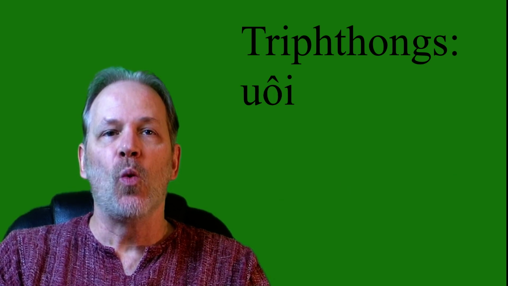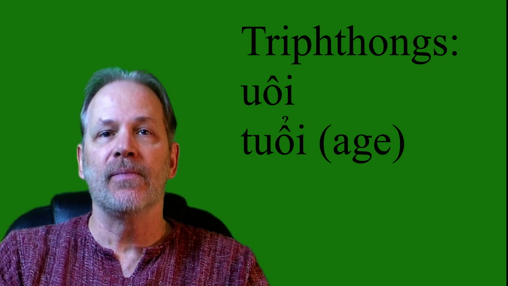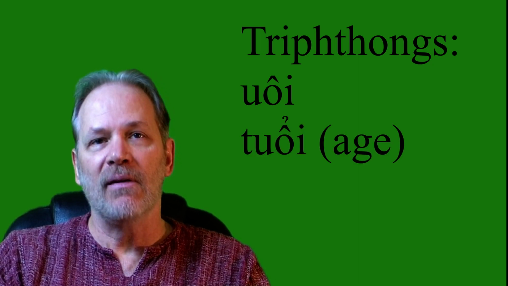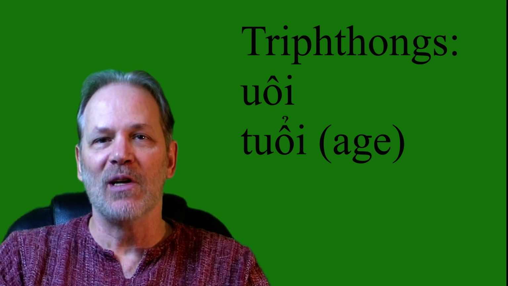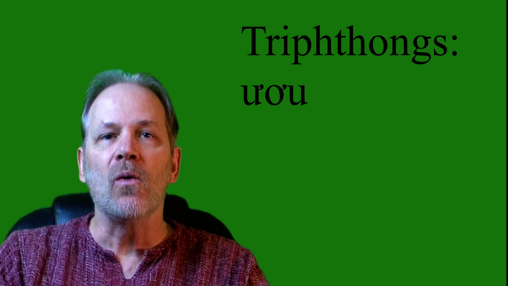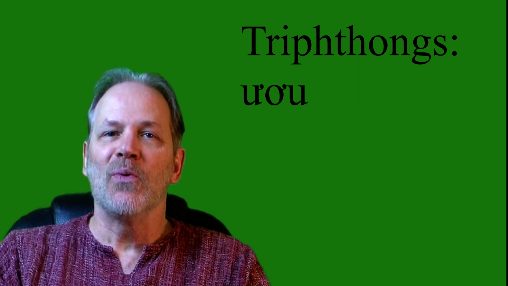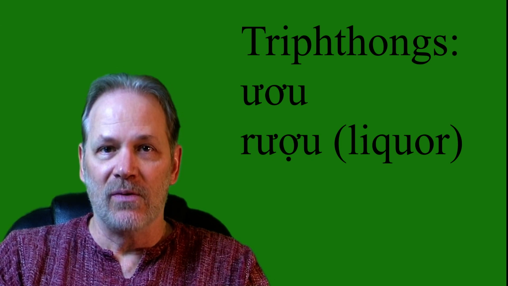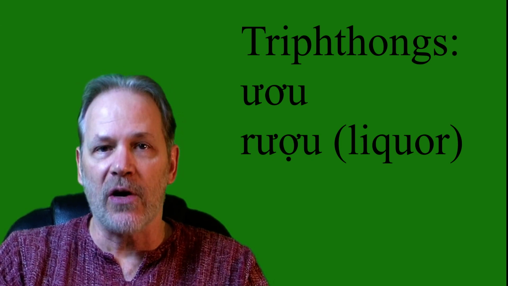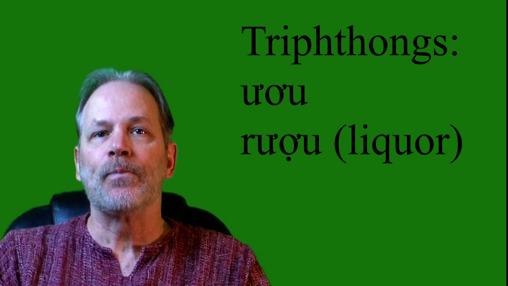Then u-o-i, as in tuổi, age. And another one, not so common, but the word is fairly common. It's a little tricky, but it's in the word rượu, or in the South they would pronounce it rượu. Rượu means liquor, alcohol.